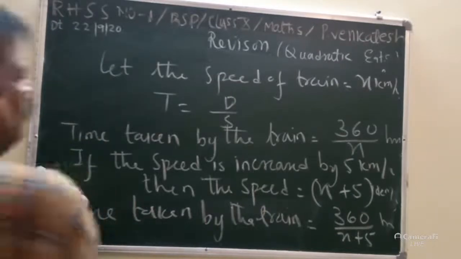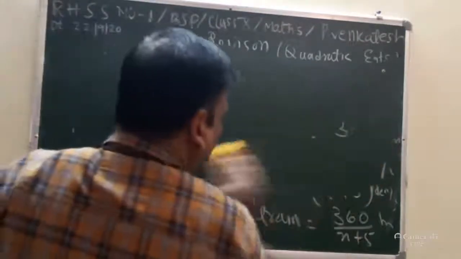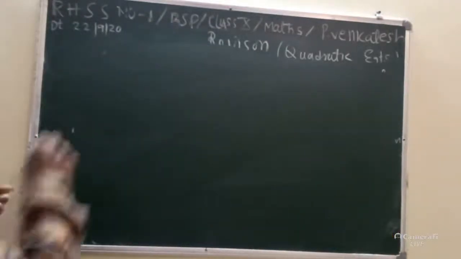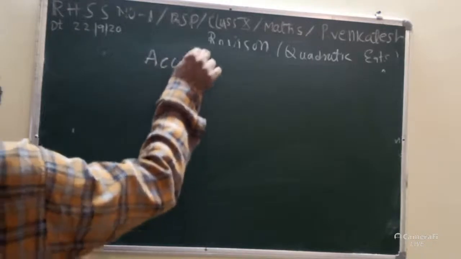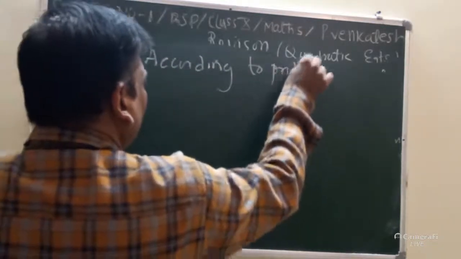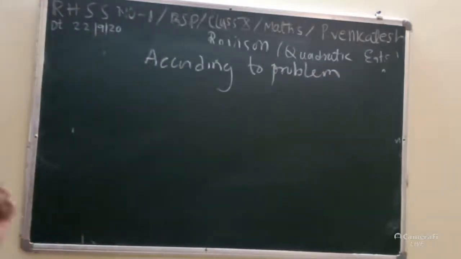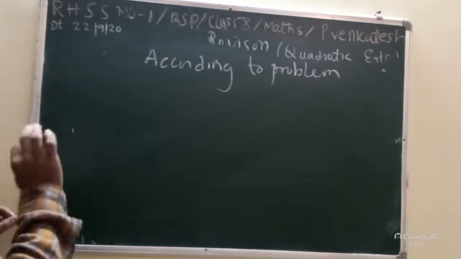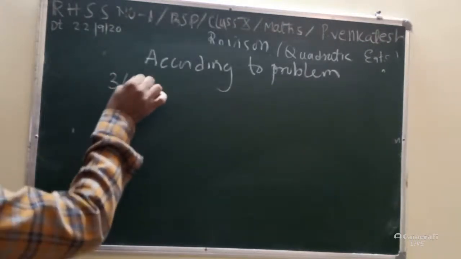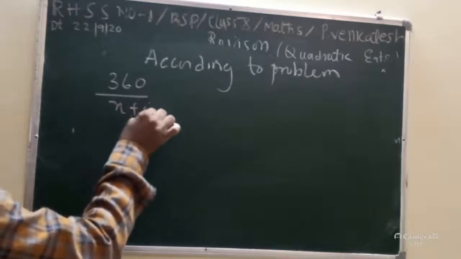Now, according to the problem: if you increase the speed by 5 kilometers per hour, then it takes 1 hour less than at the original speed. If you increase the speed, the time taken is 360 upon x plus 5.